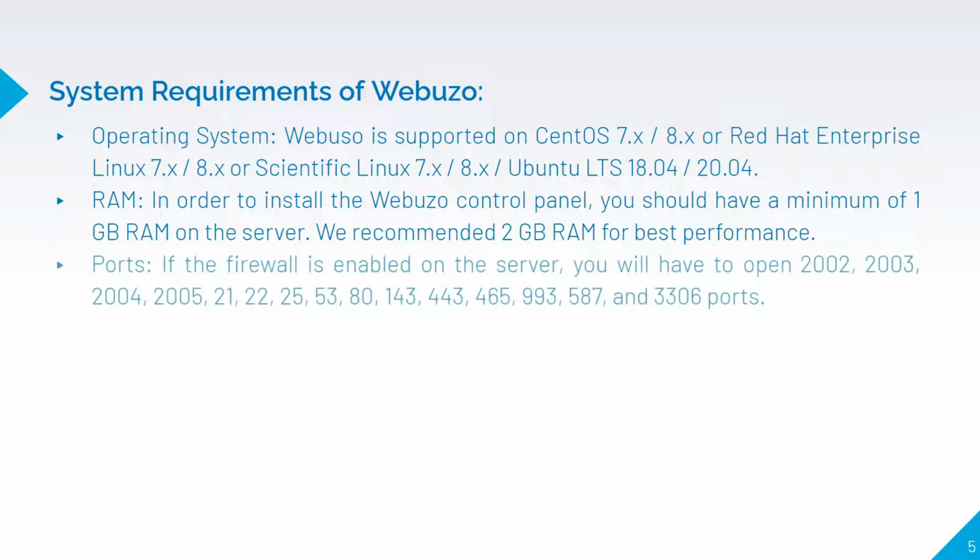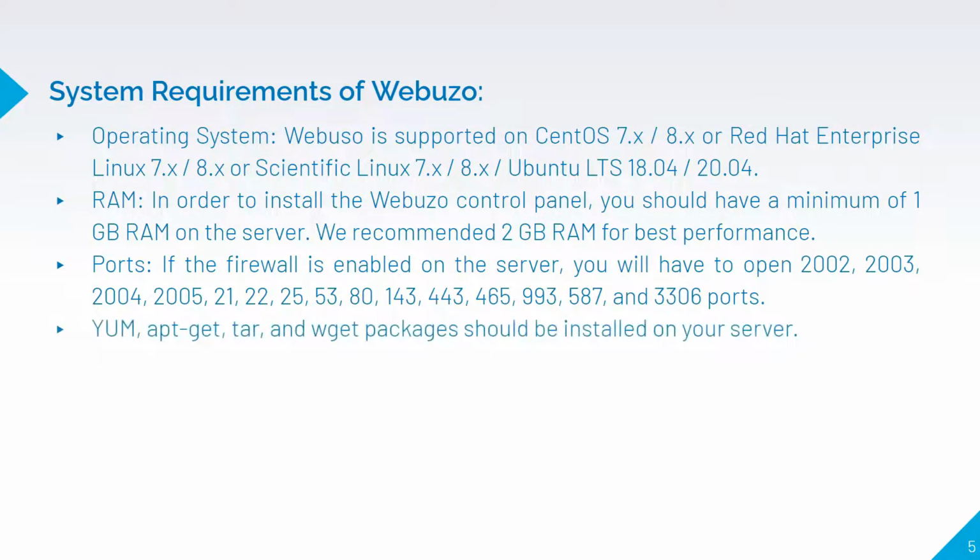Ports. If the firewall is enabled on the server, you will have to open 2002, 2003, 2004, 2005, 21, 22, 25, 53, 80, 143, 443, 465, 993, 587, and 3306 ports.